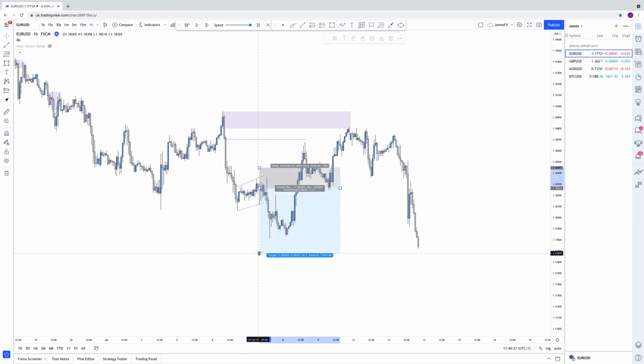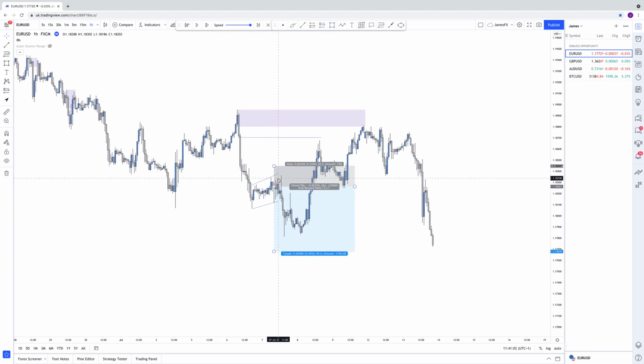And you can see what happens. The price does go down, and the reason the stop loss would need to be 15, 20 pips is because it's not a real understanding of price and what it's actually doing.